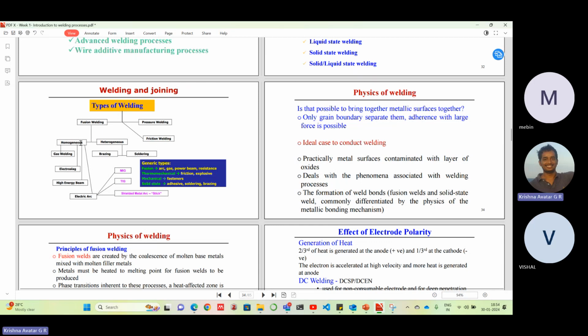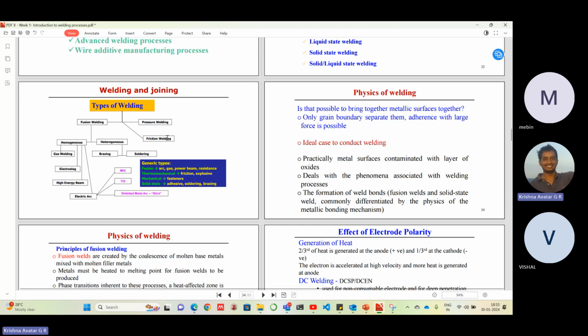Fusion welding involves fusing one material into another. This could be of two different types: homogeneous or heterogeneous. Homogeneous tends to have gas welding, electroslag, high energy beam, and electric arc, and heterogeneous can be brazing and soldering.